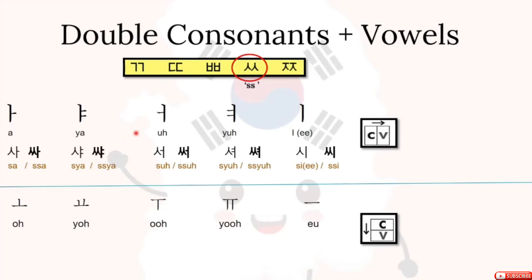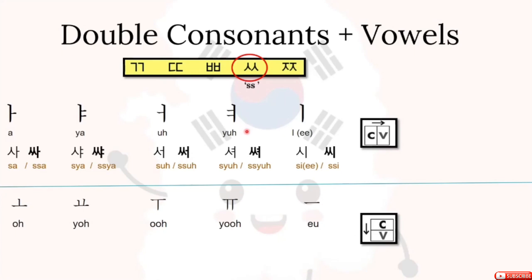Next one. Eo. For single consonant, s and eo, so. For double consonant, s and eo, so. So, so, so.